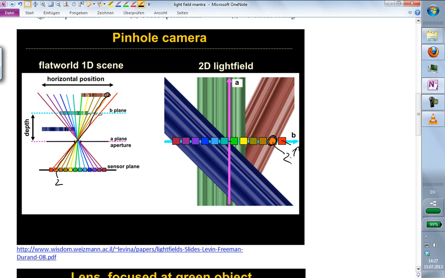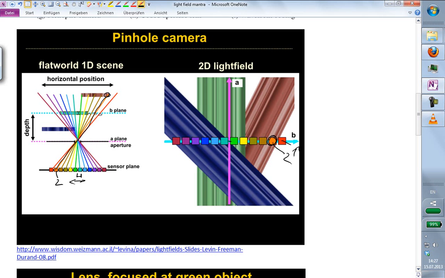And these sensor elements have some extent in both the A and the B direction. In the B direction, because each sensing element in itself has some finite width.